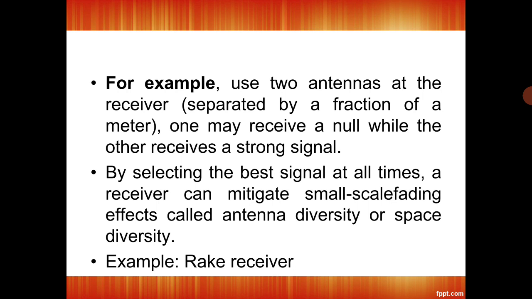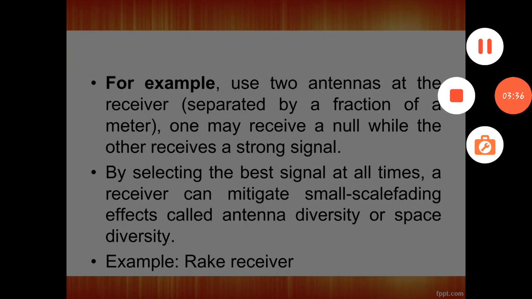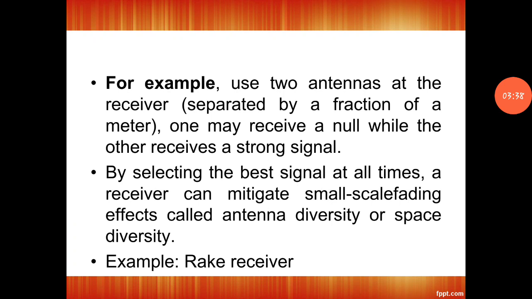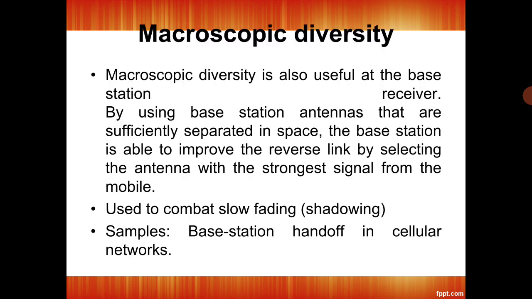It is called antenna diversity or space diversity. An example of this is the rake receiver. As we said, with two antennas, both can receive at a time: one can be at full strength and the other can be null. The aim, by selecting the best signal at all times, is the receiver's target, and it can mitigate small scale fading effects. This is called antenna diversity or space diversity. An example is the rake receiver.